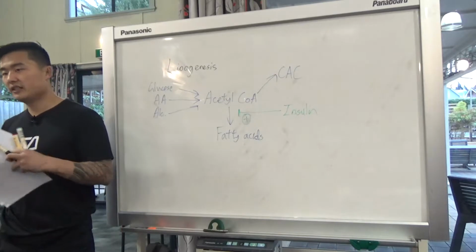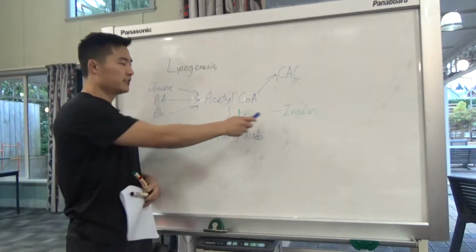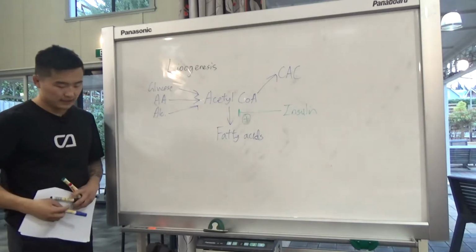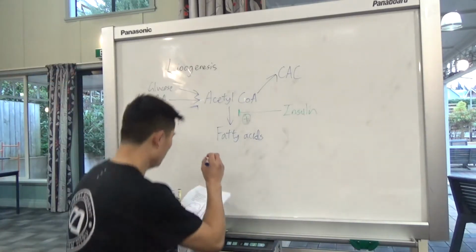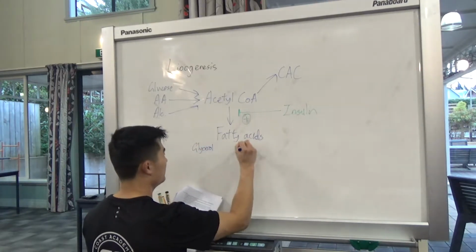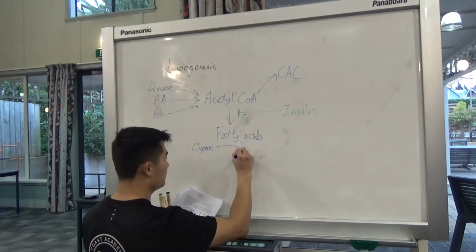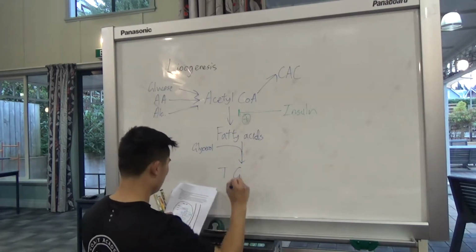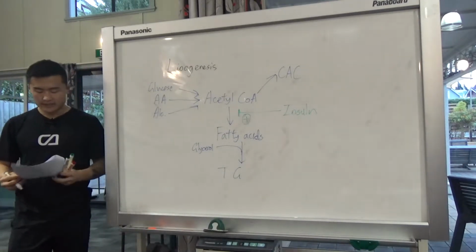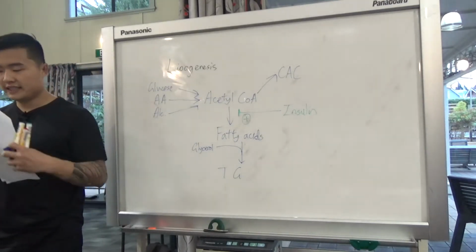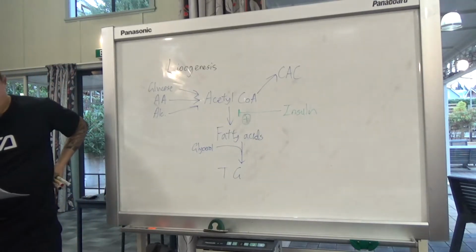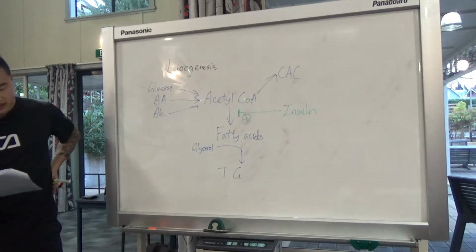We want to save it for later. So insulin is going to stimulate the production of fatty acids, and then it will join up with glycerol to make triglycerides. And then those triglycerides will go into VLDL packages and be exported into the blood. Okay, so that's fat storage.